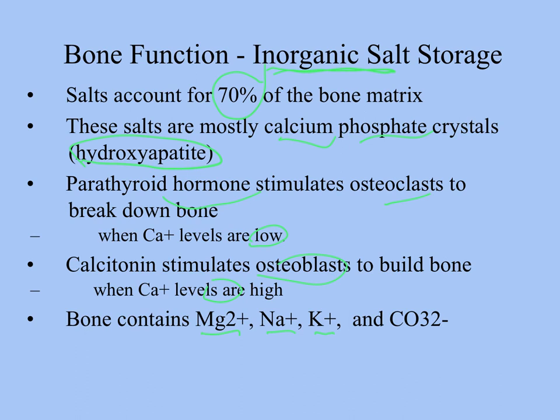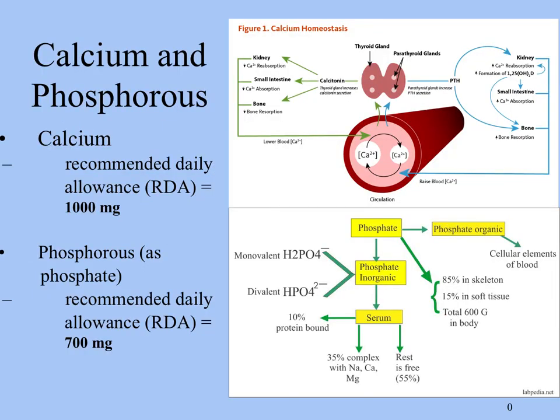And there are going to be different mechanisms by which these are deposited into bone and released from bone under certain circumstances, but we're not going to go into those details here. So when we talk about the homeostasis of both calcium and phosphorus in the form of phosphate, we have to talk about bone. So that's why it's usually included in the topic of bones.